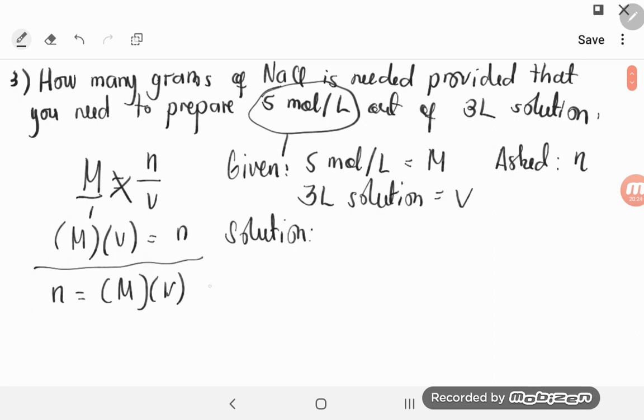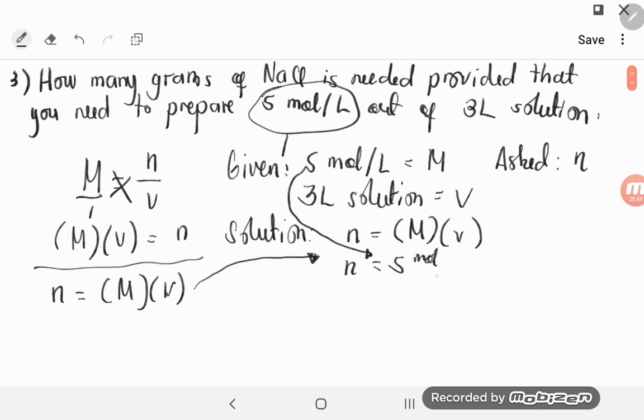So we'll be using now this formula in order to solve for the N. N is equal to molarity times liters of solution. N is equal to, molarity is here, we just have to copy the 5 mole per liter times the volume.